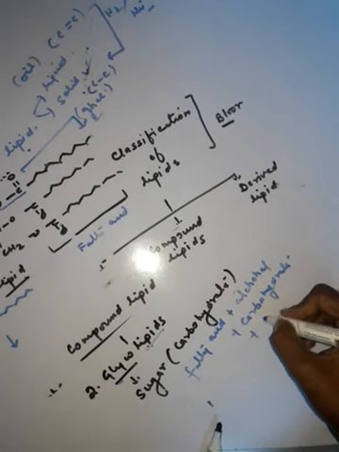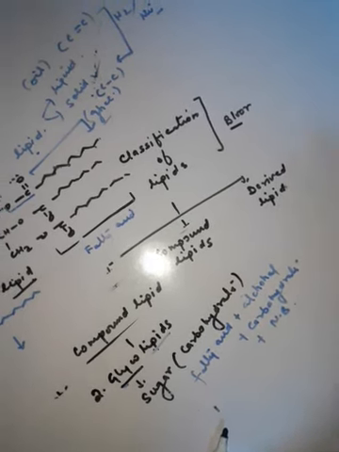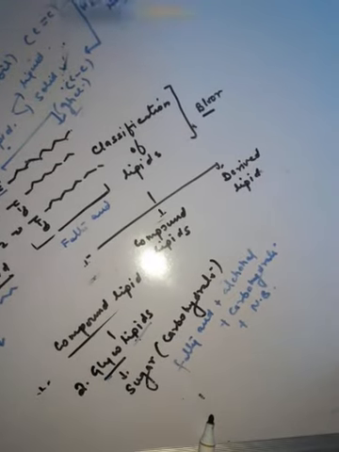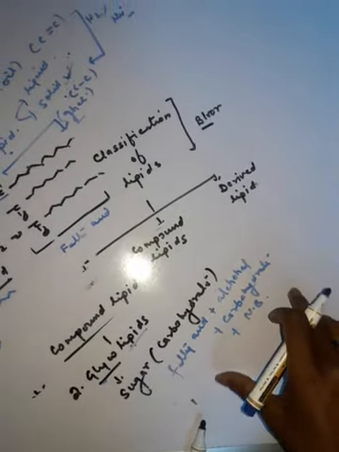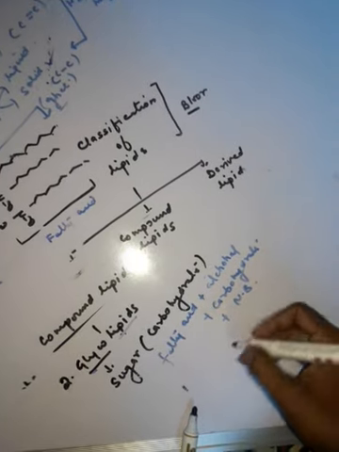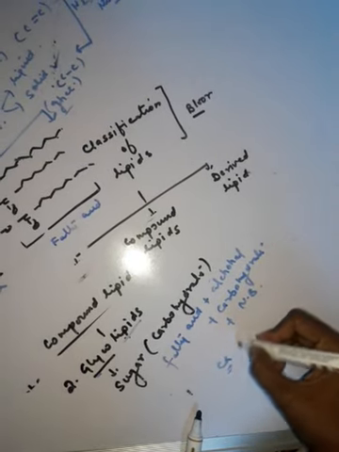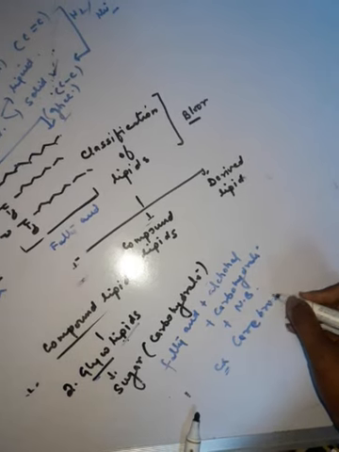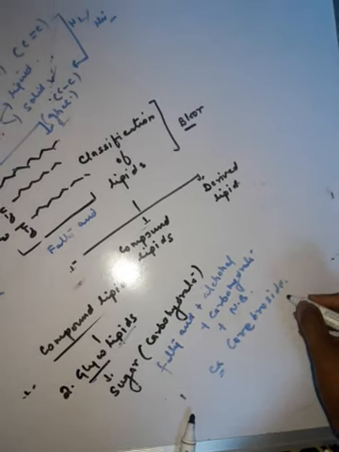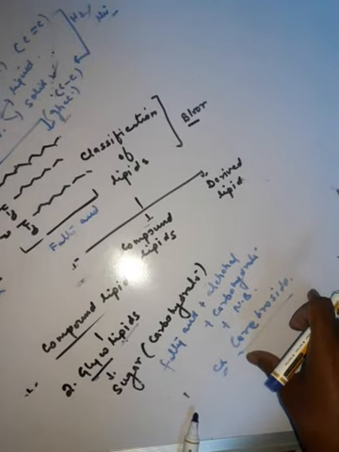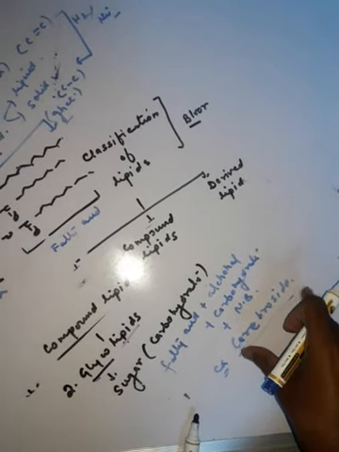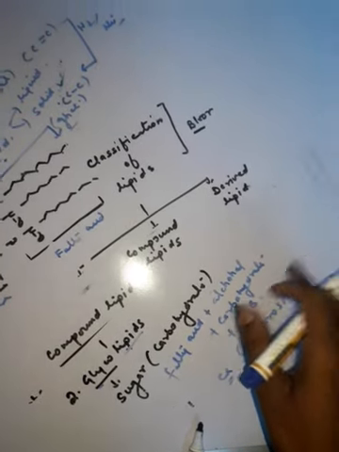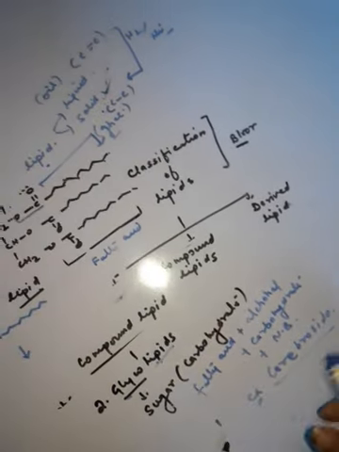Plus nitrogen base is also added. So it is the glycolipid. If you see the example of glycolipid, then cerebroside, in the neuron system. It is present in the neuron, cerebrosides. In cerebroside, glycolipid is present.